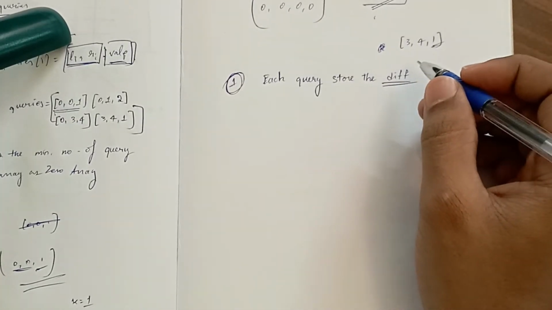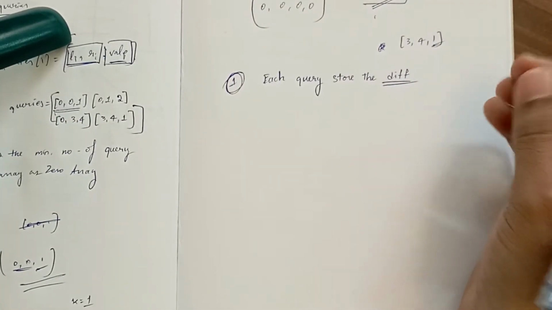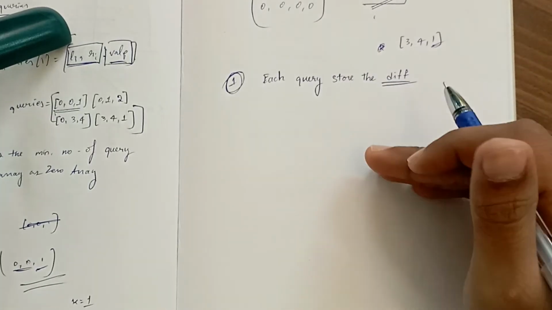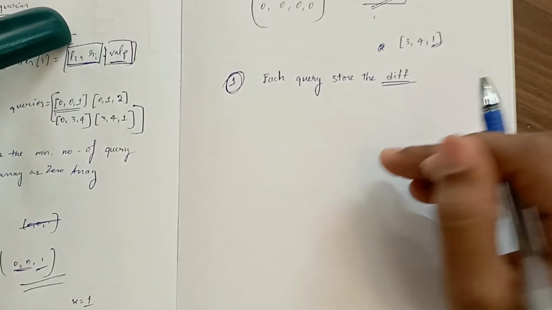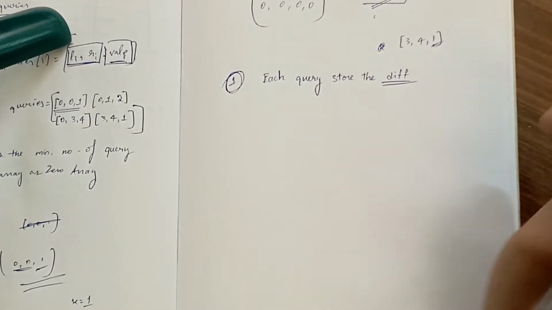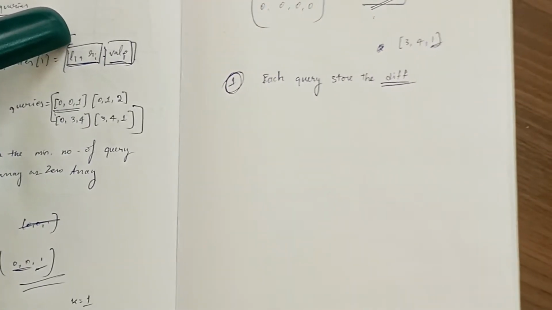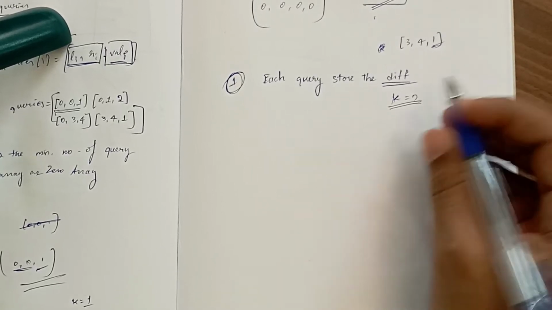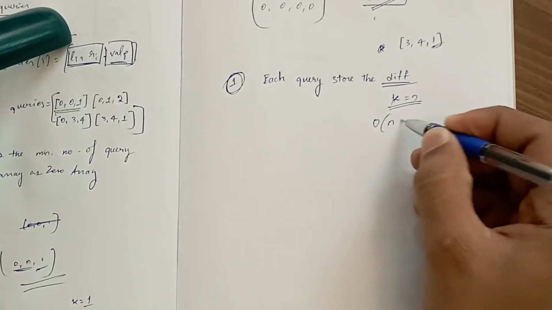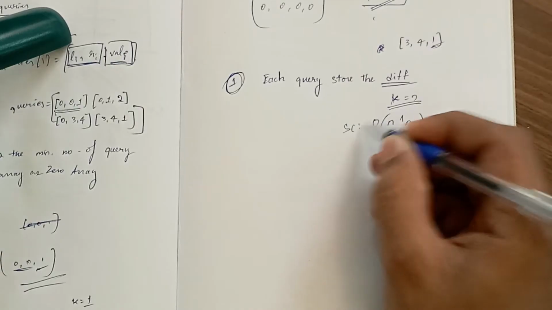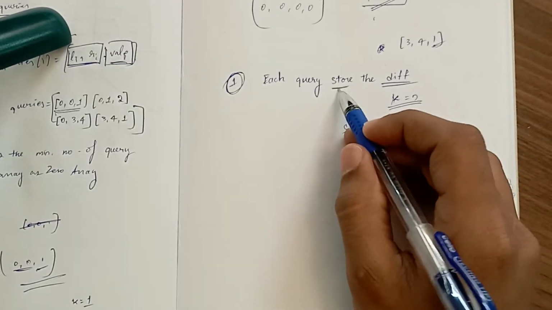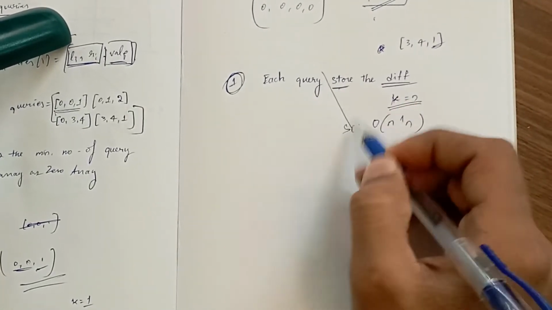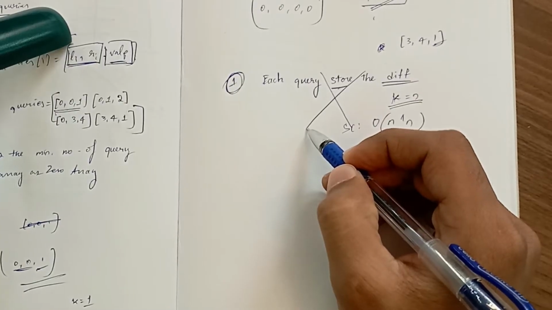The difference array will have the values which you can subtract from the current elements. But imagine if the number of queries is n, we will have big O of n times n space complexity just for storing the difference arrays. But we need not do this.